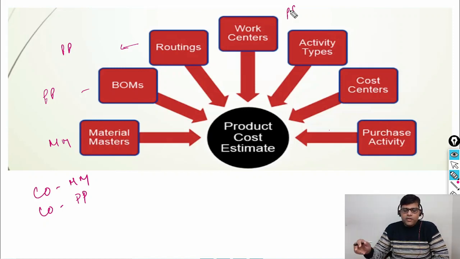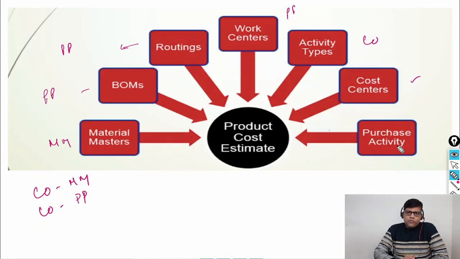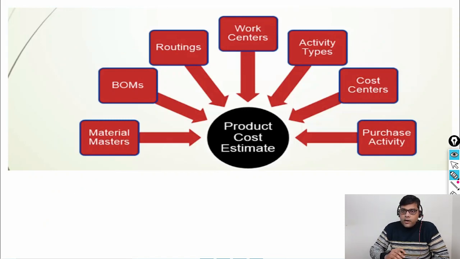Once both are integrated, then the operation or activity price will be calculated. Activity types, that is also our component, but that is our CO module. Okay, activity type, CO module. This is also CO module, and activities, purchase info record maybe you can consider. So these are the different components which are required for plant cost calculations.